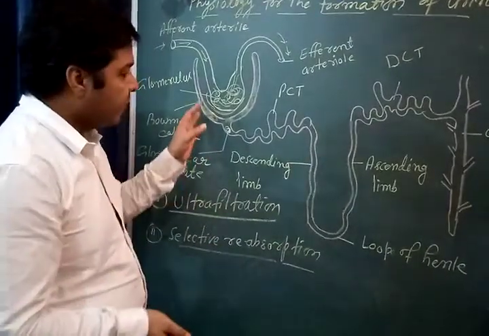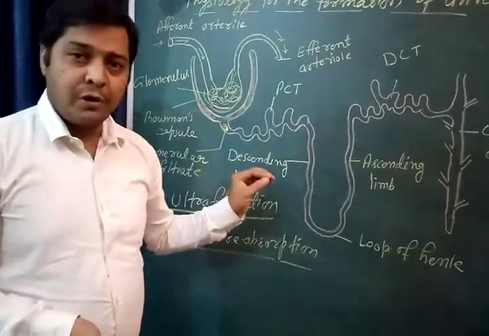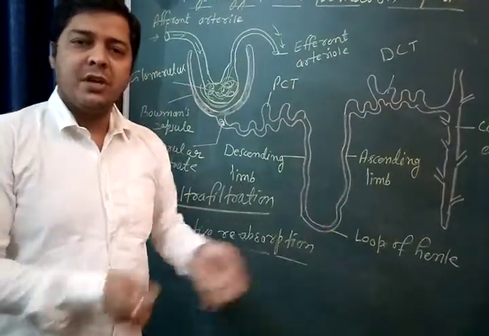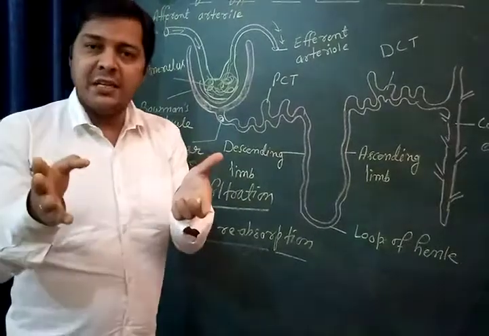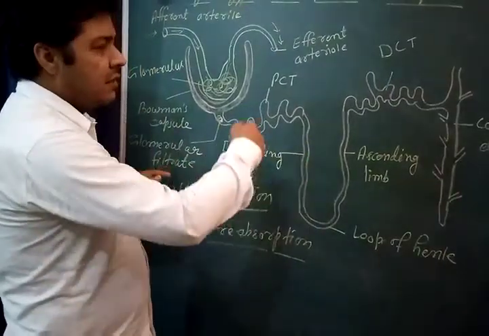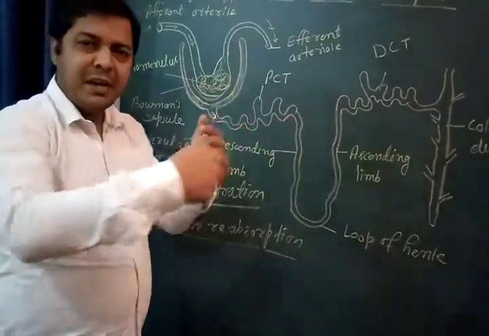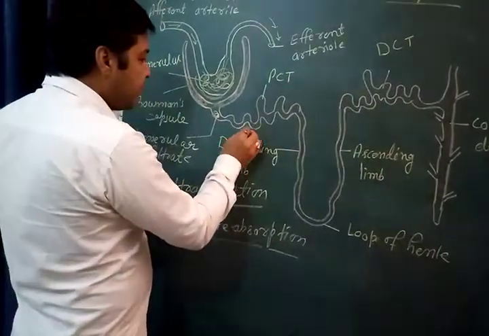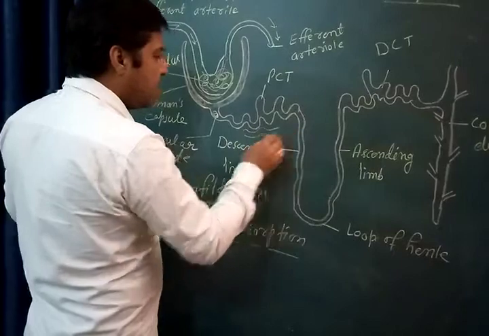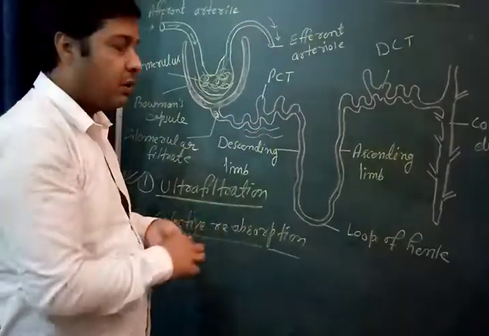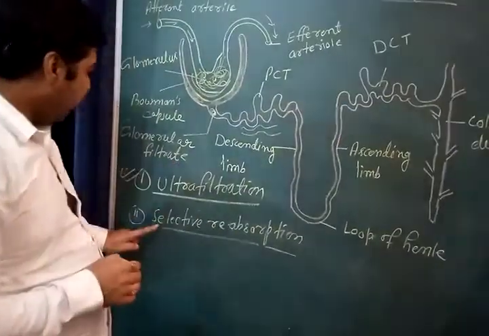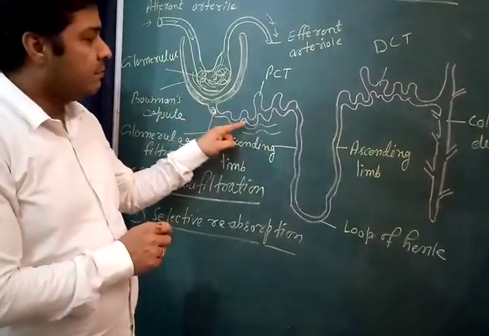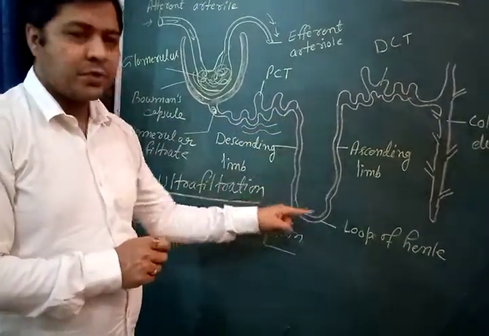You must see each and every nephron is surrounded by so many capillaries. If you see the NCERT textbook, the entire nephron is surrounded by capillaries. So here also you see so many capillaries surrounding this nephron. Now in selective reabsorption, this filtrate will move into these tubes.